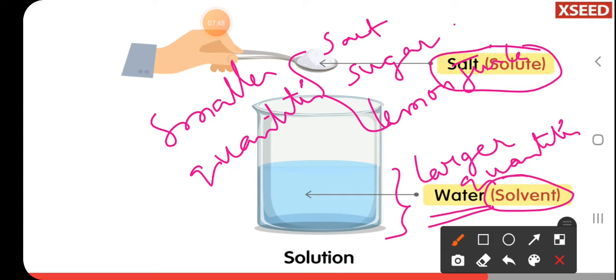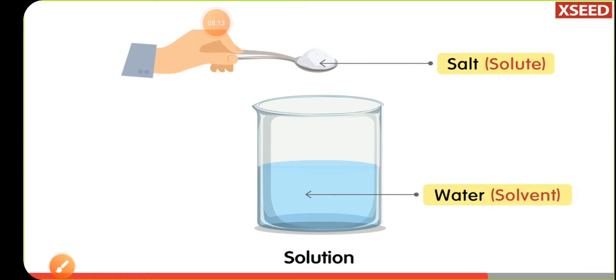Solutes are the substances taken in smaller quantities which get dissolved. The substances taken in larger quantities which are able to dissolve something in them are called solvents.